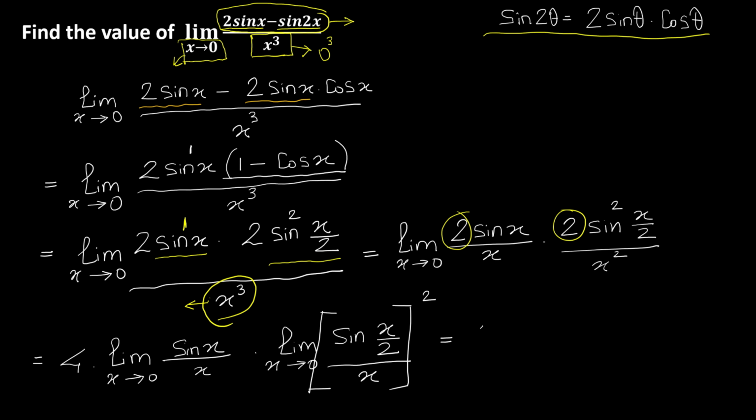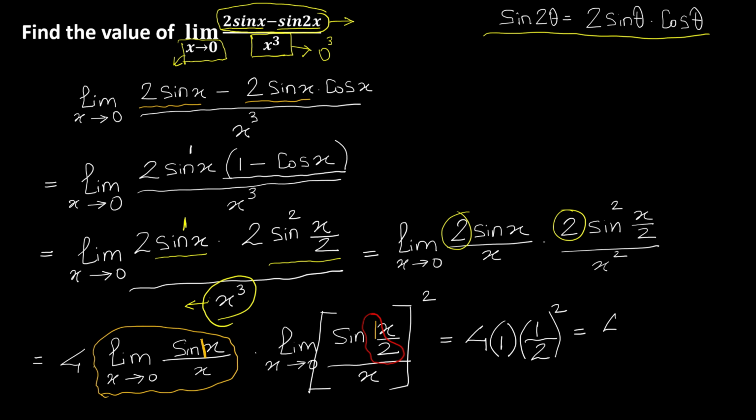Okay, so I will get 4 times, this first limit sine x over x is like sine kx over x where k is 1, so that will give me 1, times, the second limit also looks like sine kx over x where k is half, so that will give me half squared.